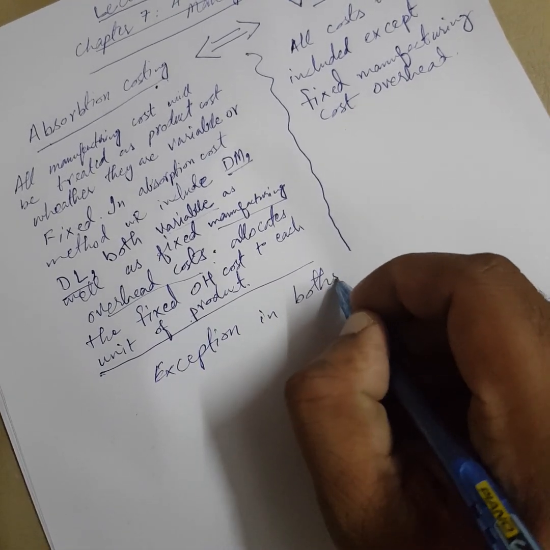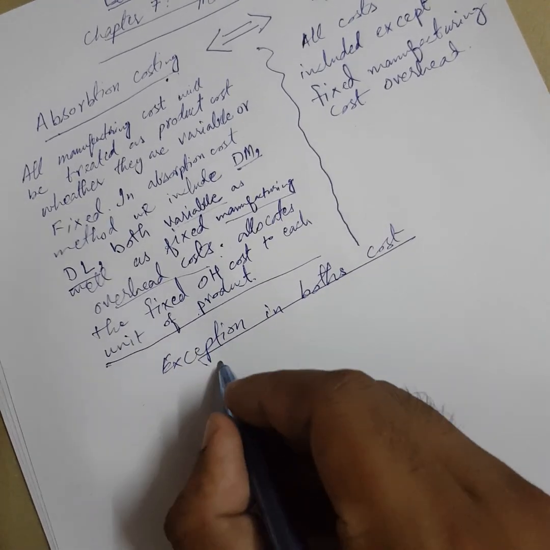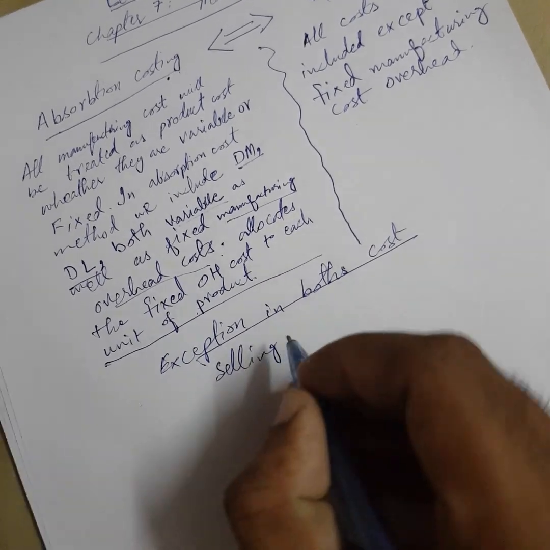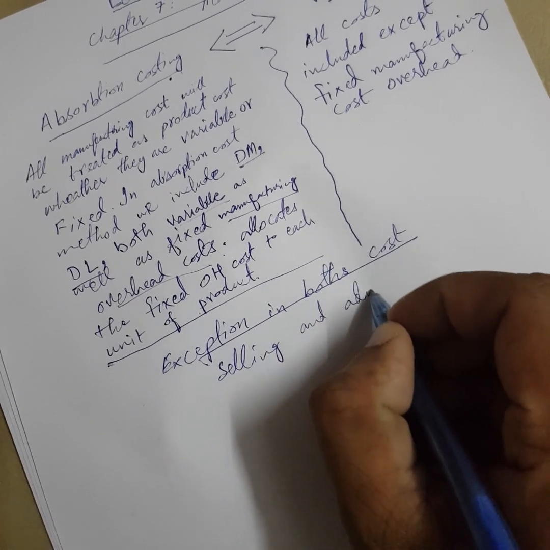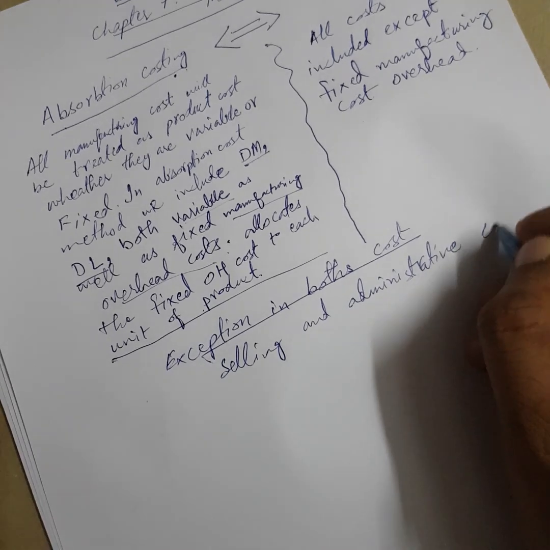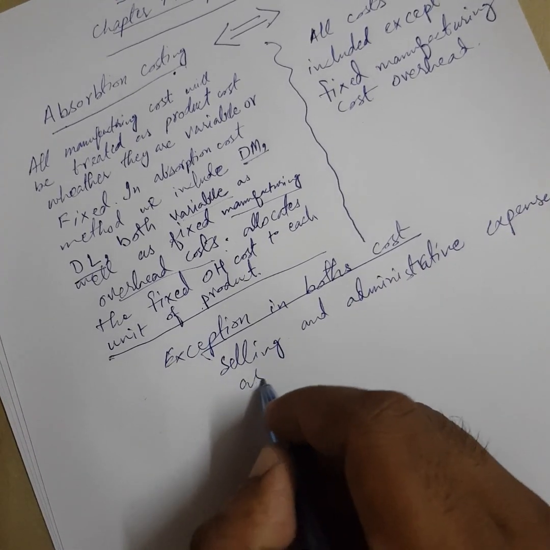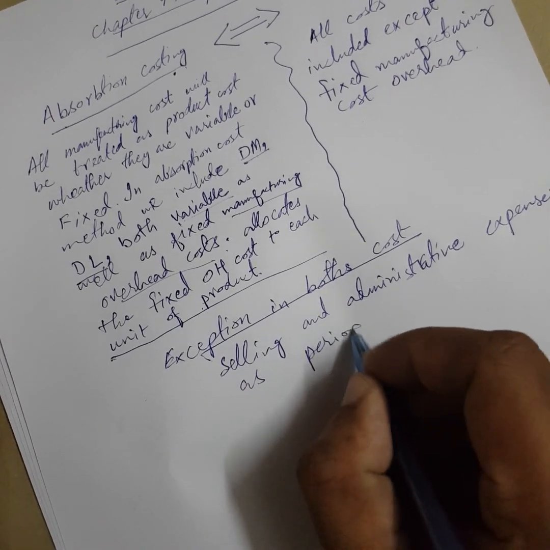There is an exception in both cases. In both costs, the exception is that we will take selling and administrative expenses as period cost.